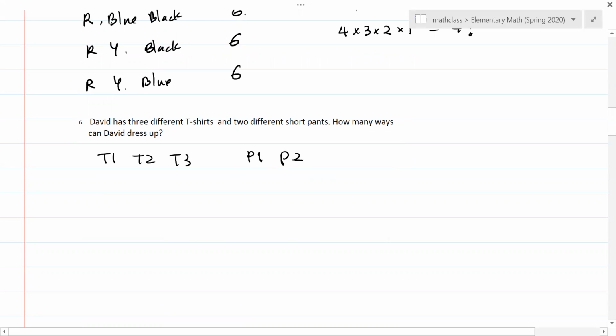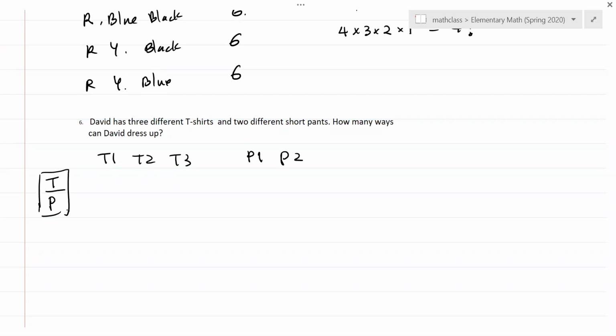So when he dresses up, t-shirts are always on the top, pants on the bottom, right? So the question is how many combinations you can have. Most of the students just say 6.